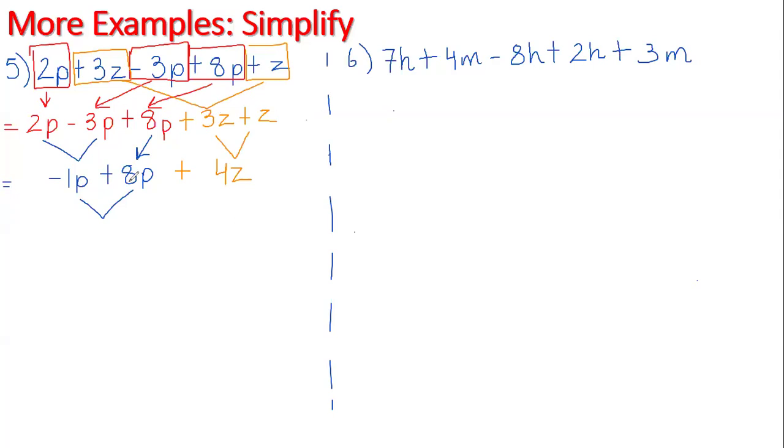Negative 1p and 8p is going to be 7p. That's going to be equal to 7p, and then we add 4z. 7p plus 4z. Good. Does that make sense?